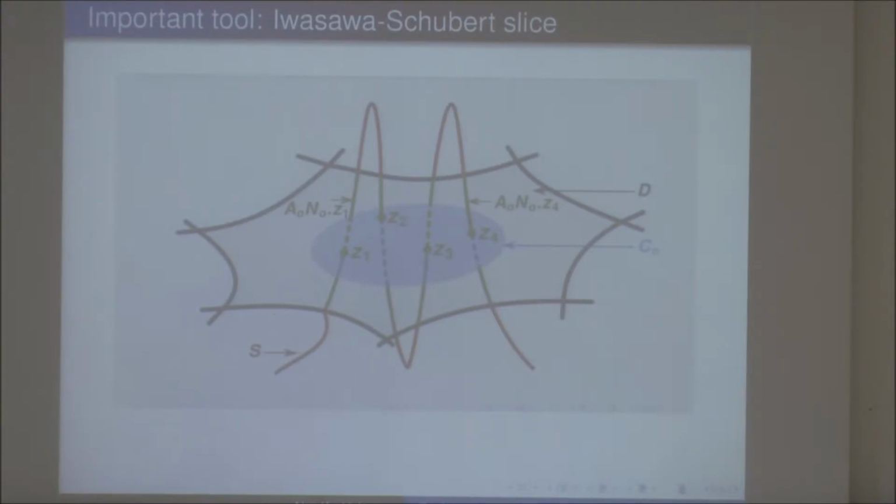So it should be n minus q dimensional. And that's it, and it intersects the cycle. So some will intersect and some will not intersect. Okay? The theorem is, and it's not so difficult to prove, that if the Iwasawa Schubert variety, that's the red thing, intersects the cycle, then it intersects at finitely many points and at each point transversally. So the intersection number is really 1 at each point.